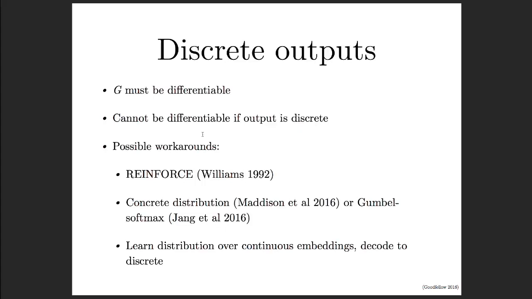There's also the recently introduced techniques based on the Gumbel distribution for doing relaxations that allow you to train discrete variables. Or finally, you could do the old-fashioned thing that we used to do. I saw Geoff Hinton on Thursday, and he was mentioning to me how this reminds him a lot of the way that Boltzmann machines were really bad at generating continuous values.